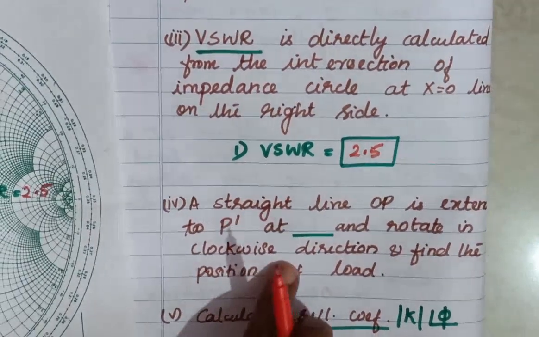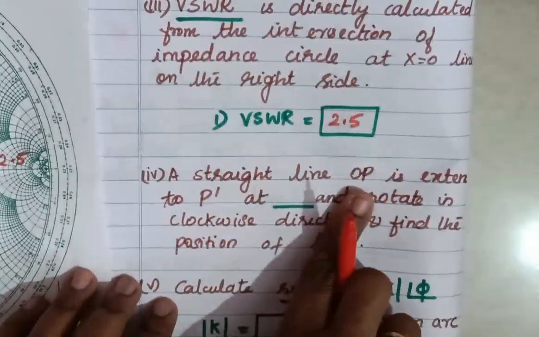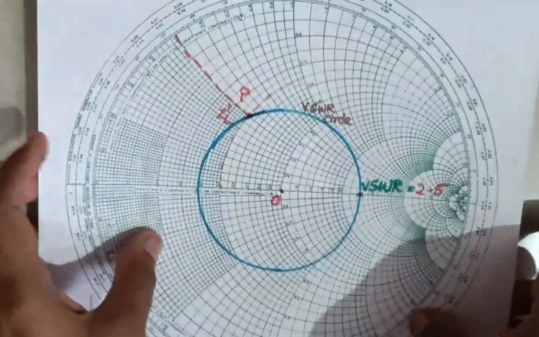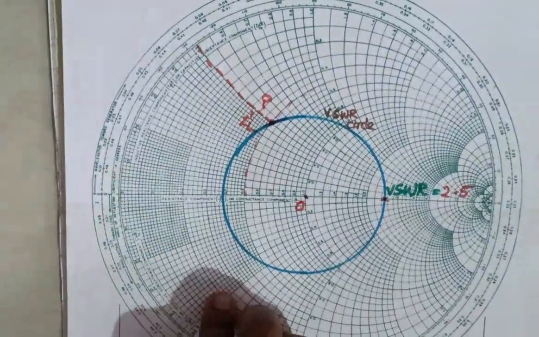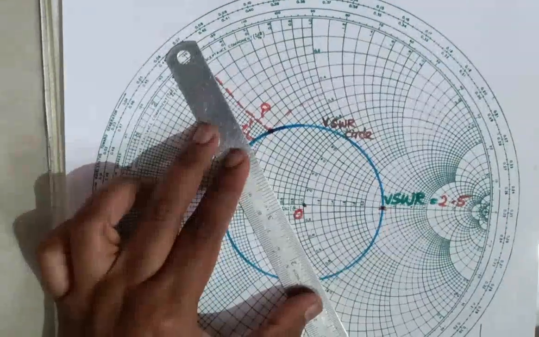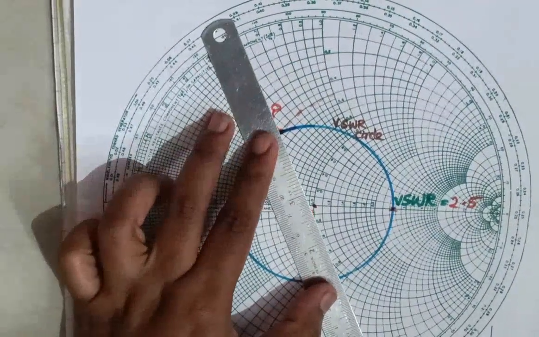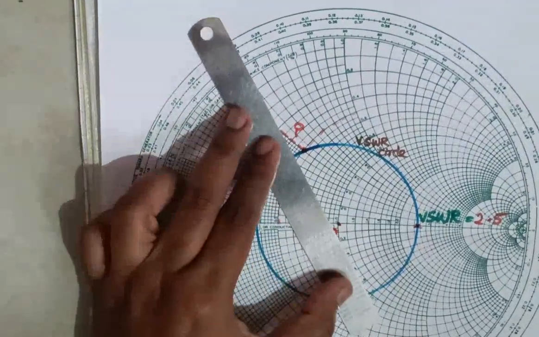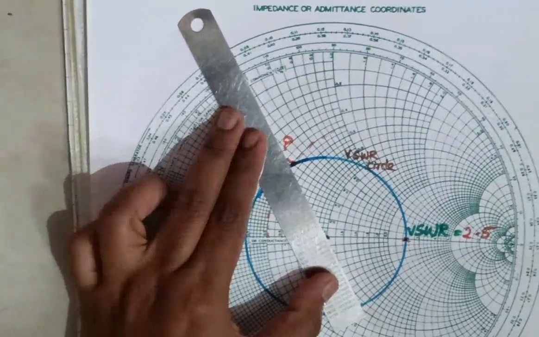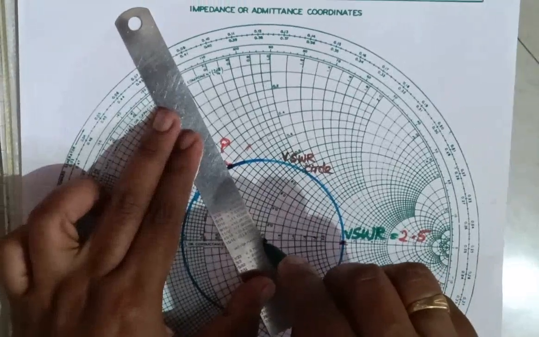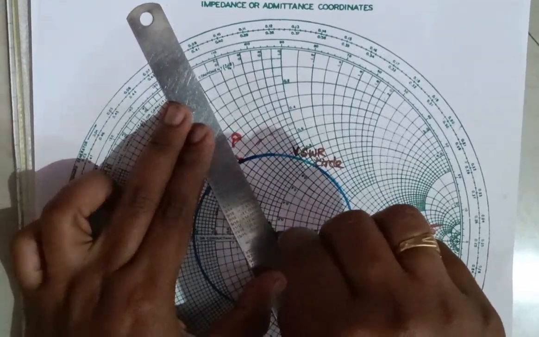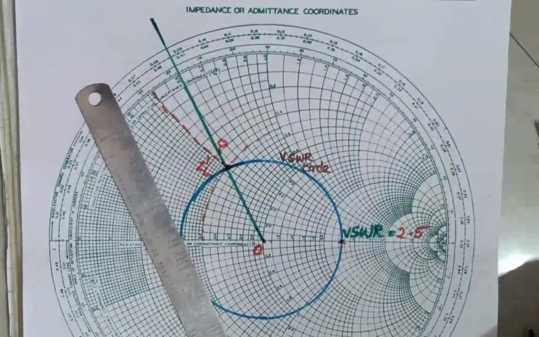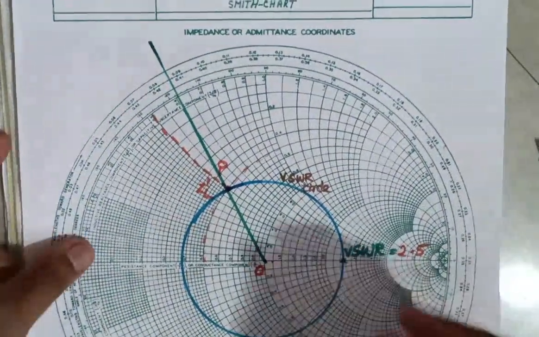Next step is to draw a straight line OP to P dash. First draw a straight line OP, joining O and P, towards the outside, and mark that point.